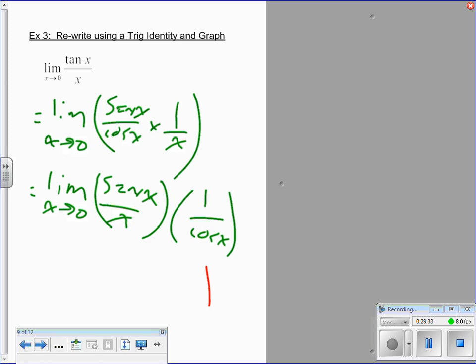If the numerator and the denominator are both approaching the same value, what is that fraction approaching? 1. Because what is anything over itself? 1. So the limit of this is 1.